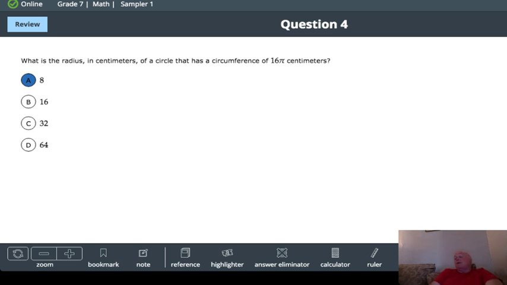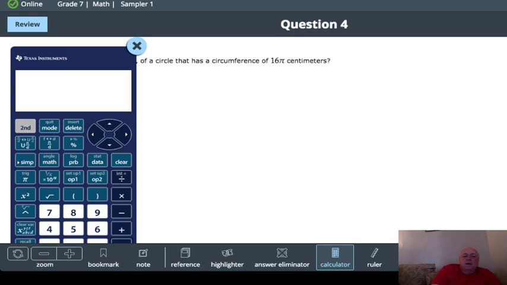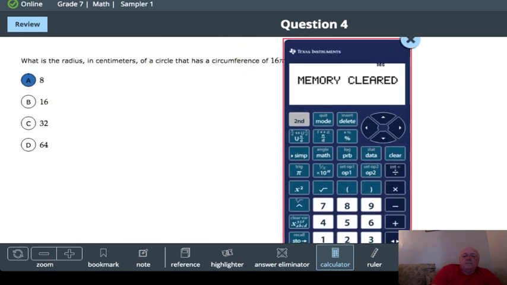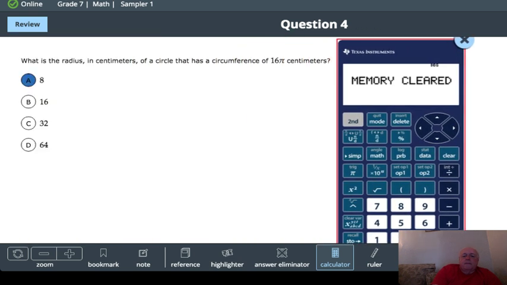In fact, if you want to double check this by actually using 3.14, you probably could. Why don't we just do that real quick? Let me bring up the calculator here. We'd have 16 times 3.14.